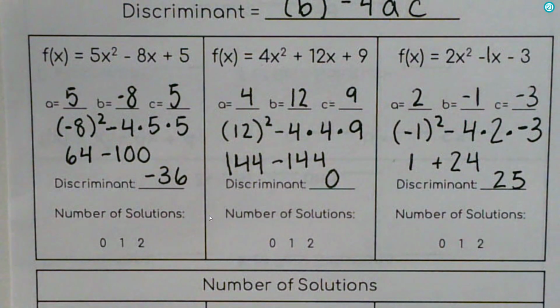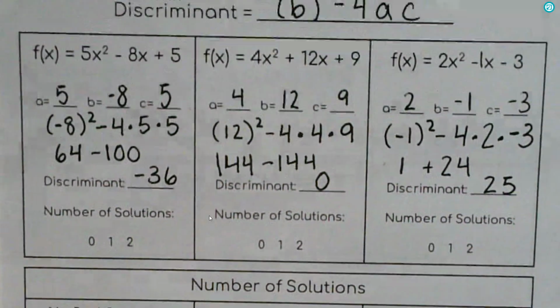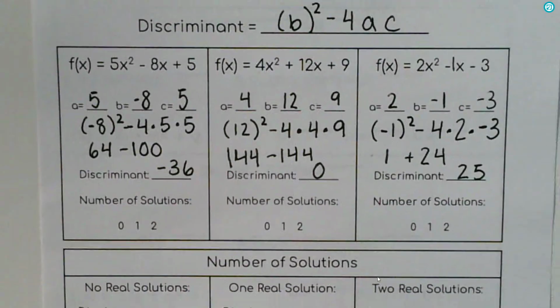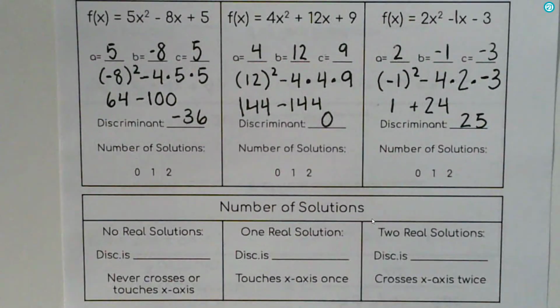All right, let's chat about the number of solutions real quick. This goes back to our quick write. On your quick write, when I asked you what the square root of a negative number was, the square root of negative 25, how many square roots did it have? None, 0.